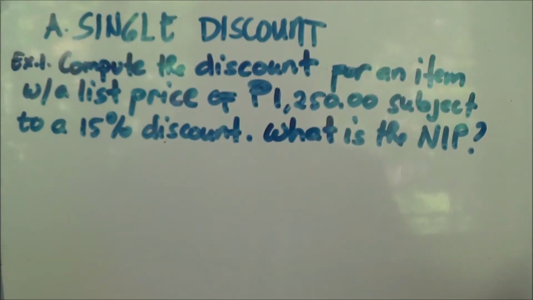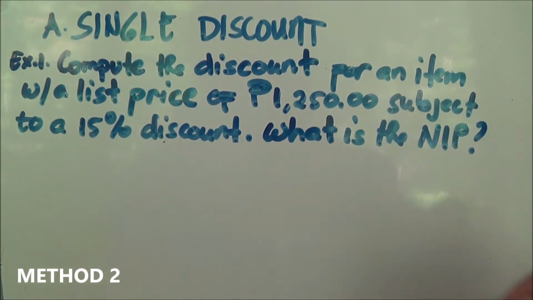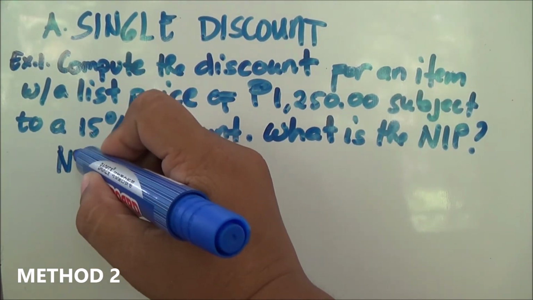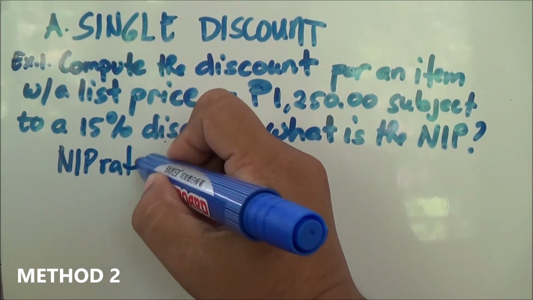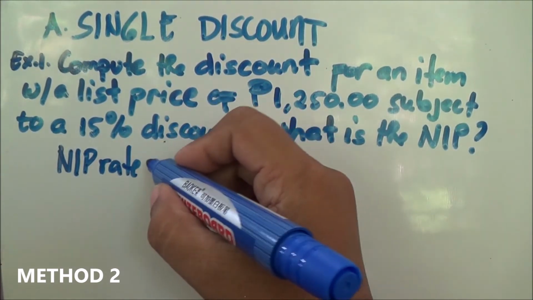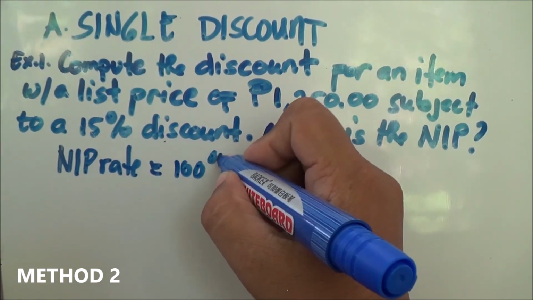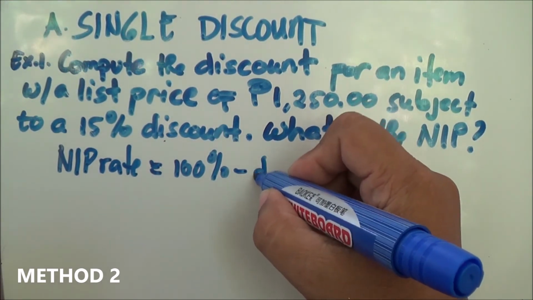Now, another method for finding the single discount is we need to get first the net invoice price rate, or NIP rate. So the formula will be 100%, this is the discount, less the discount rate.